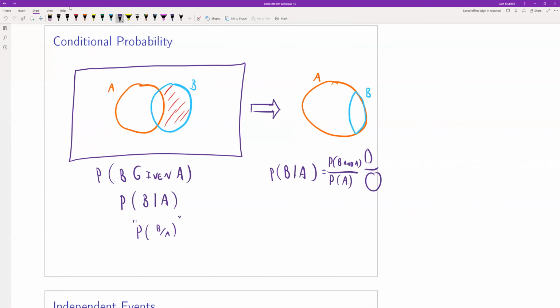And also, what are the odds that just A happens? Not caring about B. Maybe B happens, maybe B didn't. Divide those two together, and you get the odds that if A happened, B also happens. An example here would be, what are the odds that if I pull a green marble from the bag, it's a big one?